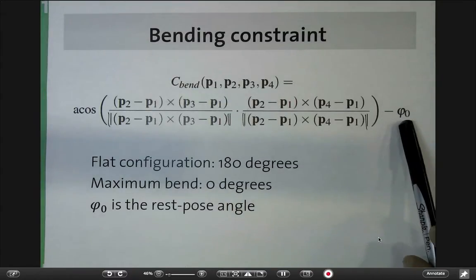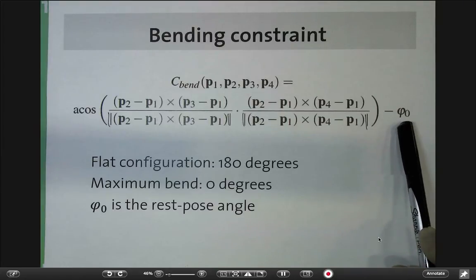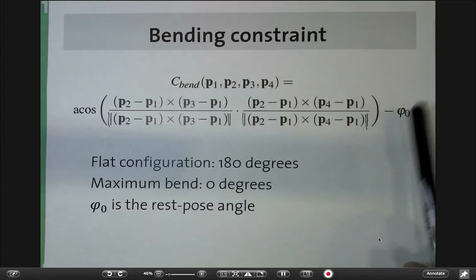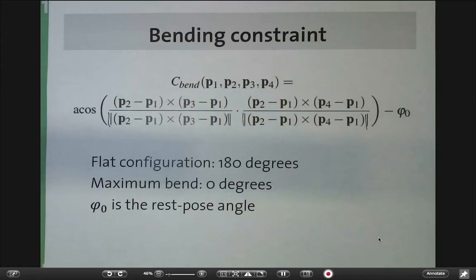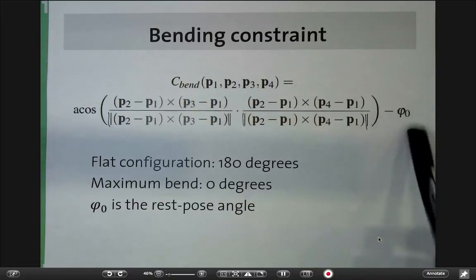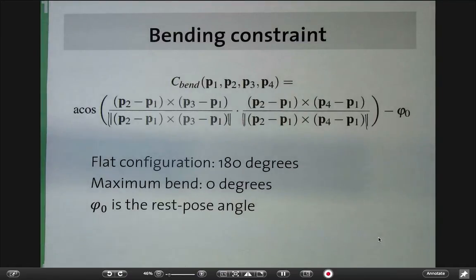Thin shells I can fairly easily support by subtracting the rest pose bend angle as phi 0. Normally you would probably want 180 there, but you can put something else if you want to do shells. That's the bending constraint.